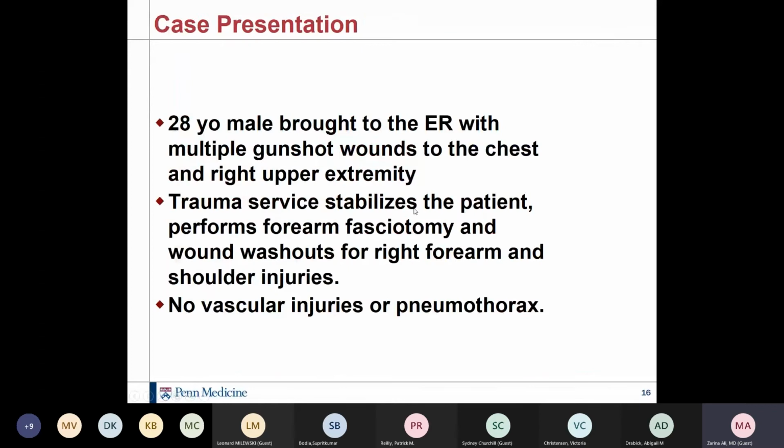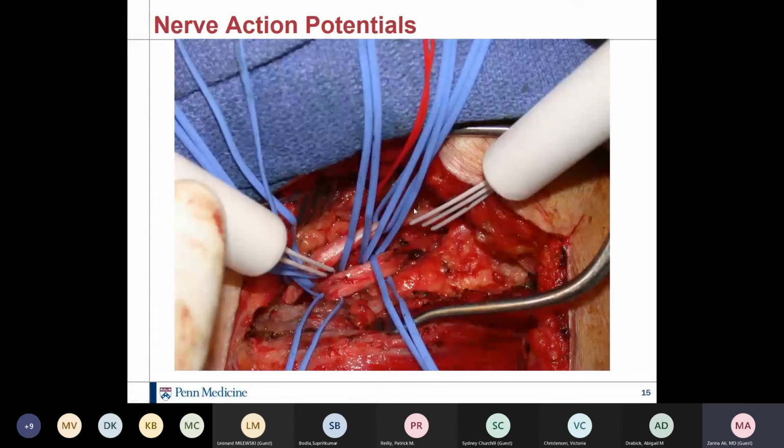In general, we utilize that in determining whether to just neurolyze the nerve versus to resect a scarred neuroma within the nerve. So if there is evidence of a nerve action potential, often we just perform external neurolysis, as in this case, which tells us that there is active electrical signal going from proximal to distal, which suggests that the patient should have spontaneous regeneration.